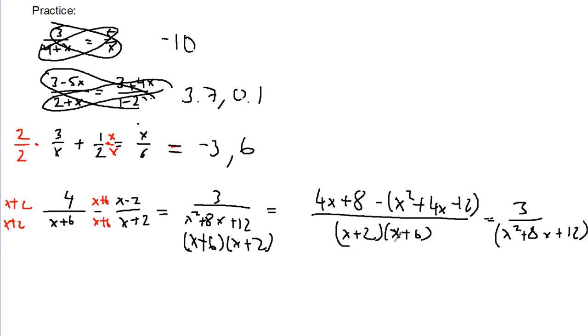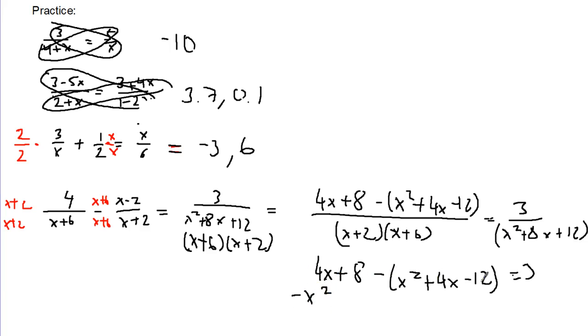Now, since both of them have the same denominator, we can just remove the denominator. We really don't even have to cross multiply. It's just a waste of time. Minus 12, minus 12. It was minus 12. And that's equal to 3. We can eliminate everything. Now we have negative x squared.